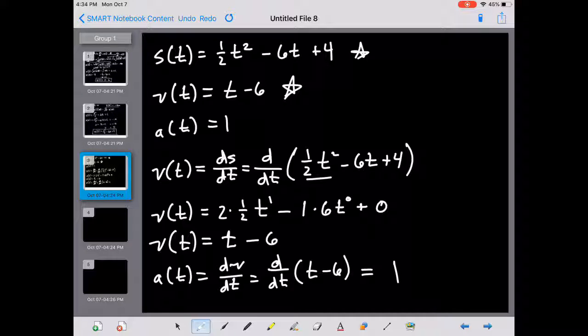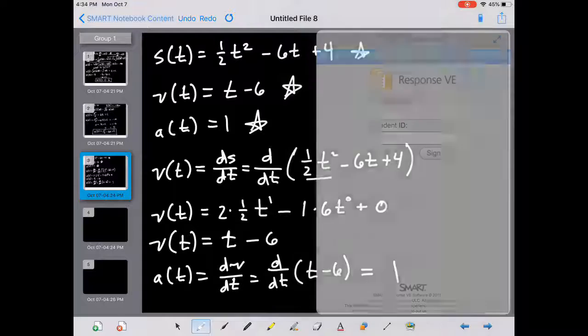When we work this out, we get that a is equal to 1, which again matches what we expected. So that's a real quick version of the goal of taking the derivatives and integrals of our position functions. Obviously, these were relatively simple functions, but the premise remains the same. Hopefully this was helpful, and I'll keep giving you more examples.